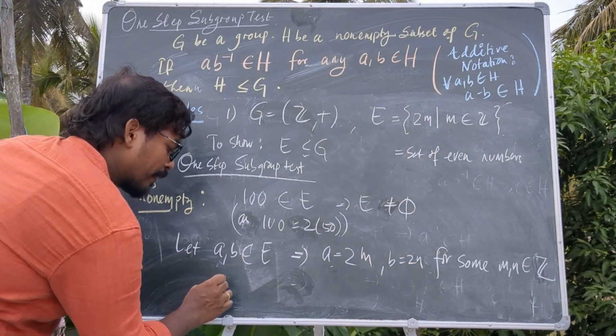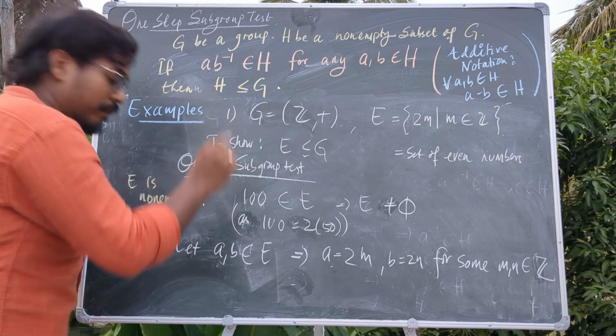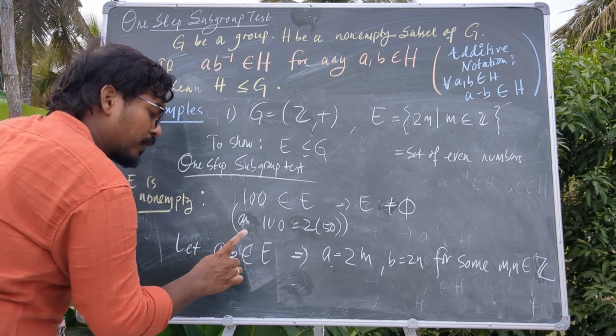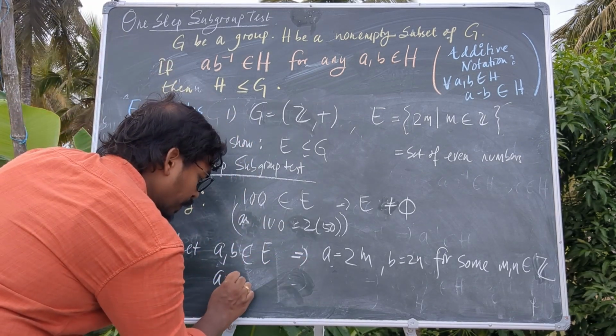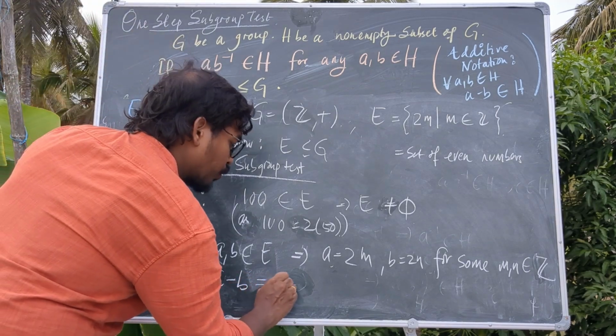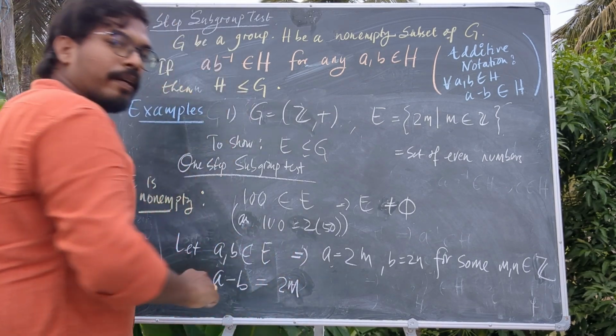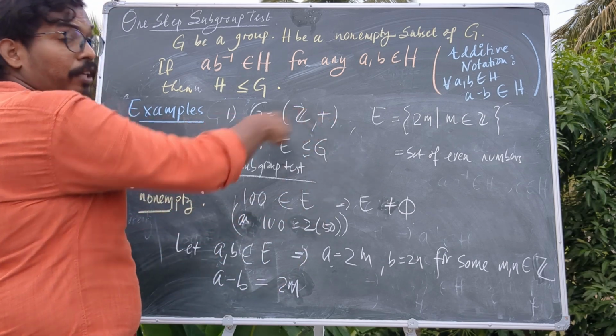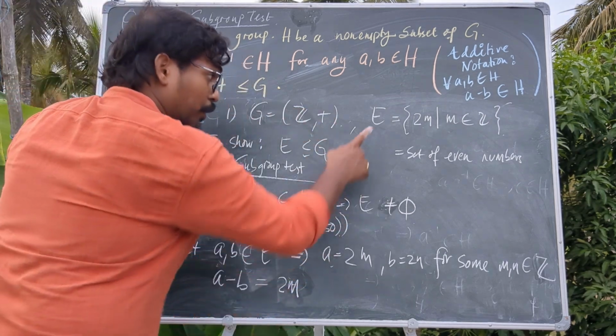Now we will take a minus b, because our operation is in additive notation. a minus b equals 2m minus 2n. We have to show this also belongs to the set of even numbers.